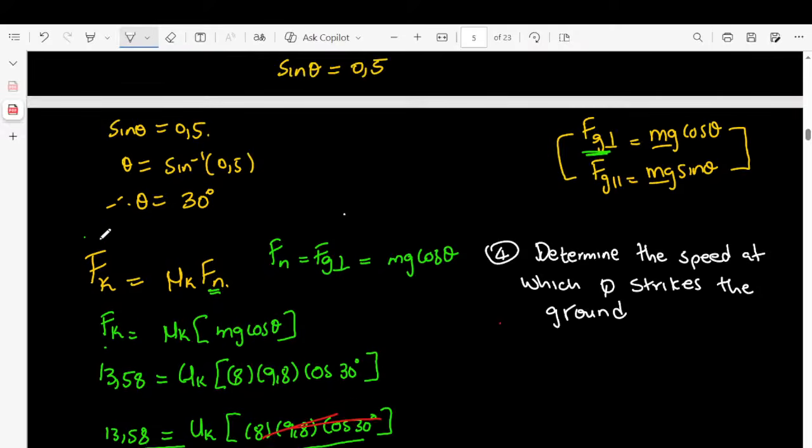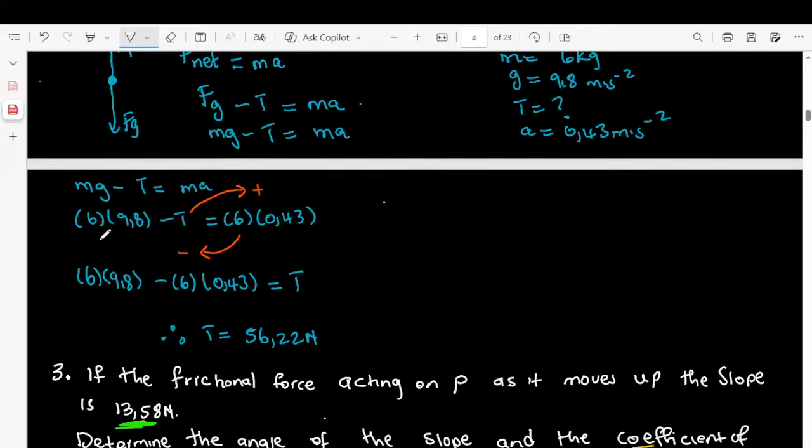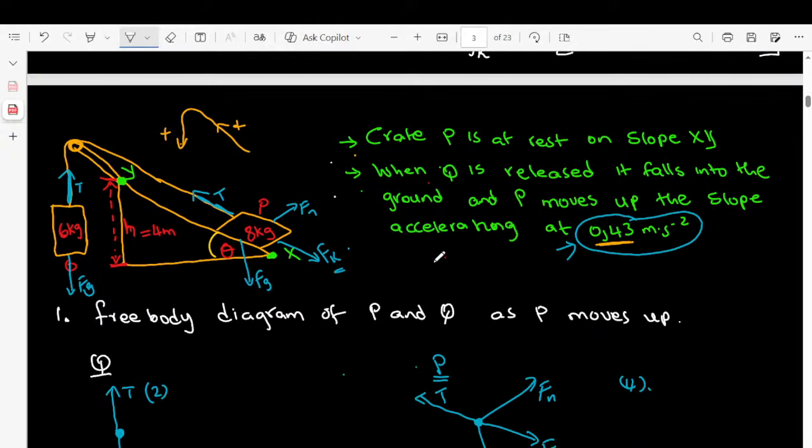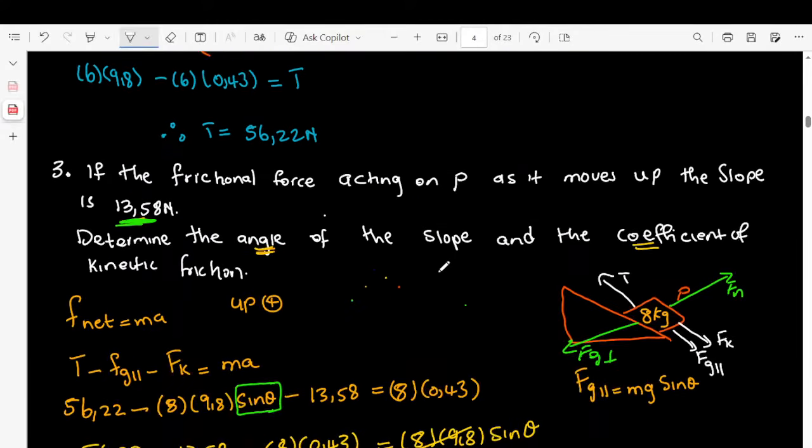Remember, Q starts hanging, then it will be dropped to the ground. What is that telling you? The one thing I need you to keep in mind is that the initial velocity for box Q is 0 because it starts at rest.